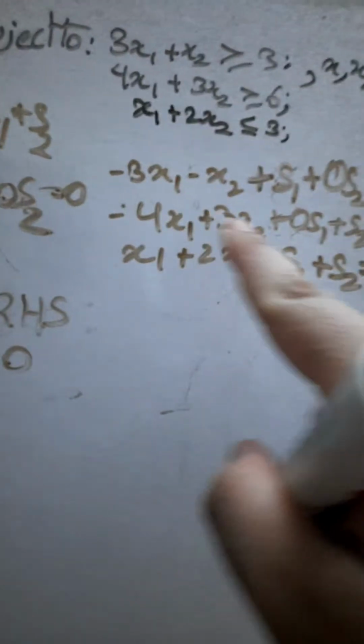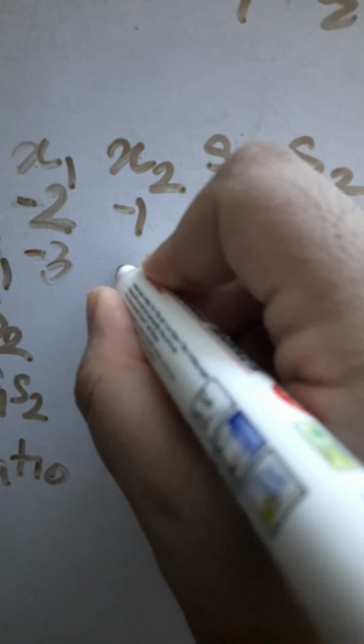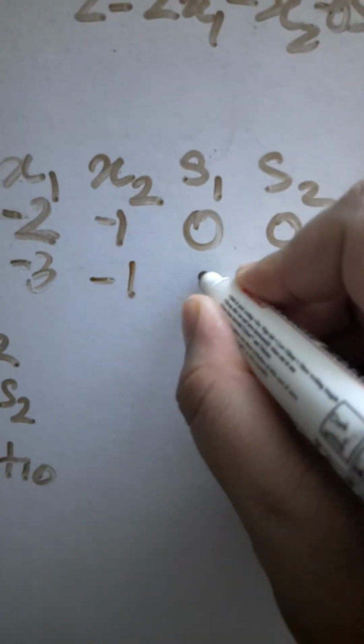So in S1, the first equation: -3, -1, 1, 0, 3.